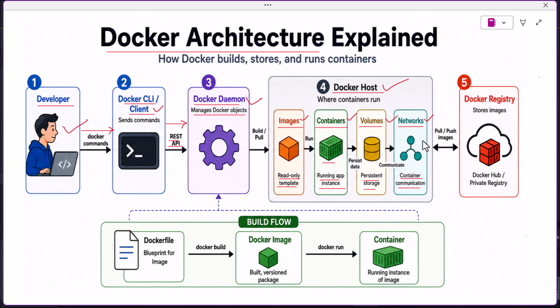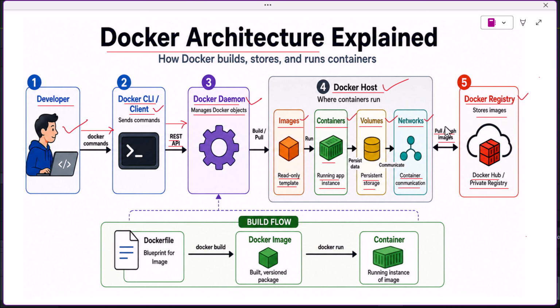The next major component is the Docker registry. A Docker registry stores and distributes Docker images. Docker Hub is a popular public registry. Companies can also use private registries to store their application images securely. The Docker host communicates with the registry using pull and push operations.